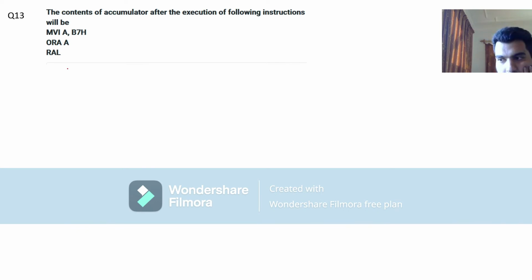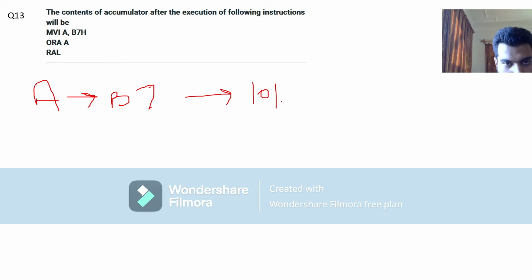So A will be B7. B is 11, so it is 1011, and 7 is 0111. Then we have the OR operation of A with itself, which is simply B7.